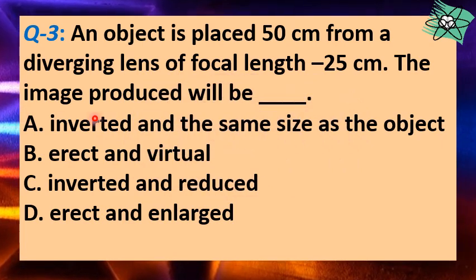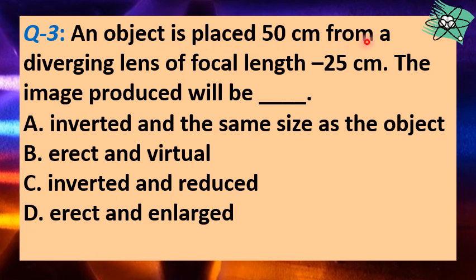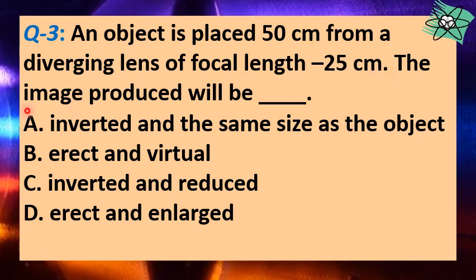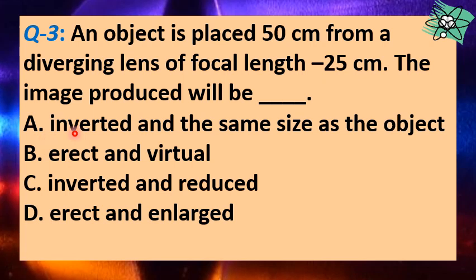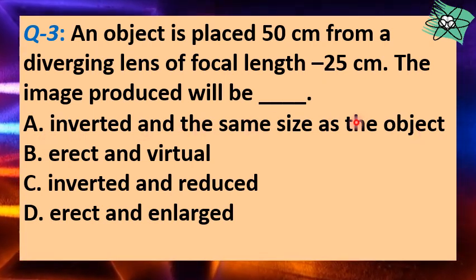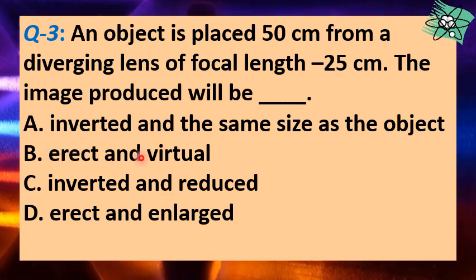Question number 3. An object is placed 50 centimeters from a diverging lens of focal length negative 25 centimeters. The image produced will be option letter A, inverted and the same size as the object. Option letter B, erect and virtual.